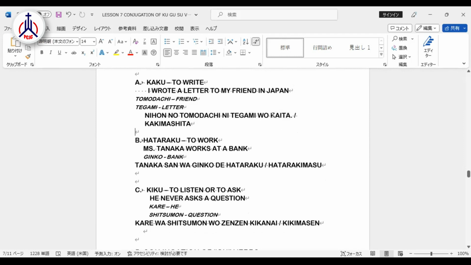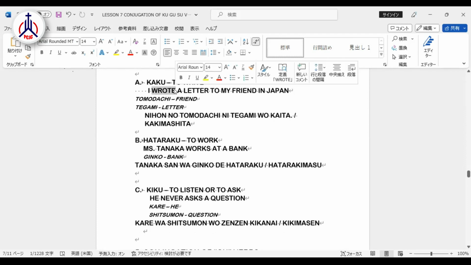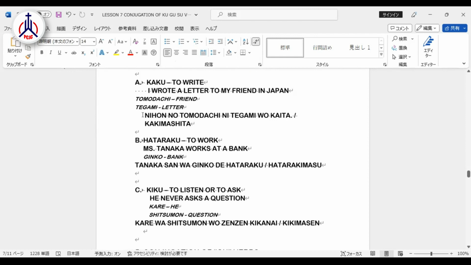Kaita, because it is past tense. Then Nihon, in Japan. Tomodachi means friend. Tegami, letter. Kaita means wrote. So it goes like Nihon no tomodachi ni tegami wo kaita.